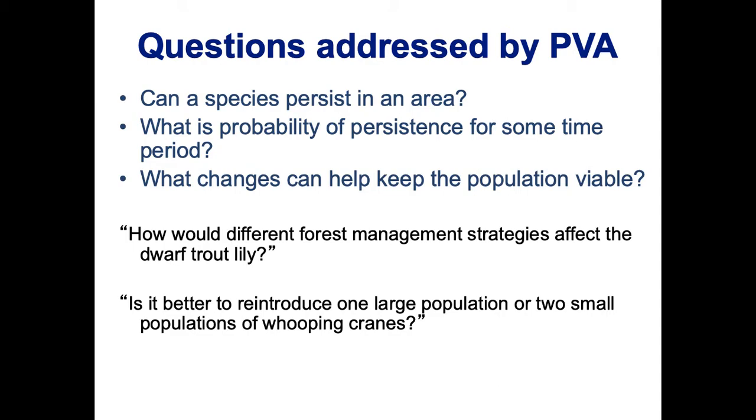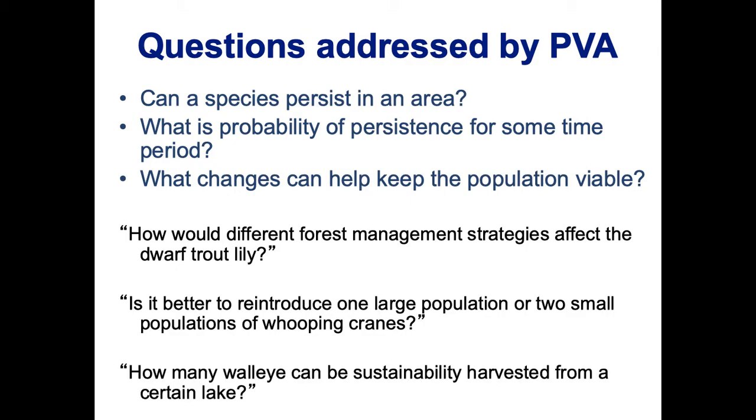Is it better to reintroduce one large population or two small populations of whooping cranes? How many walleye, which is a type of fish, can be sustainably harvested from a certain lake? And so with these models, you can put this in and come up with estimates for these different questions.